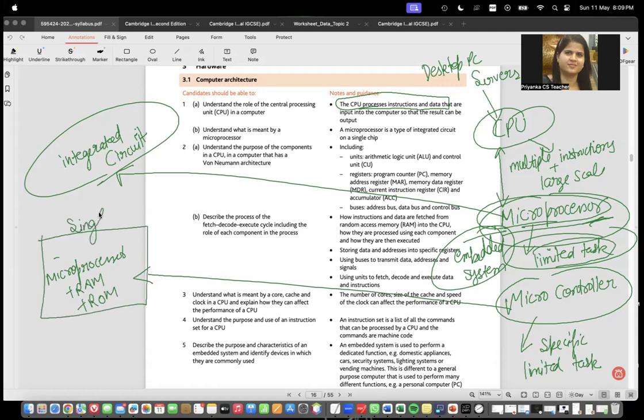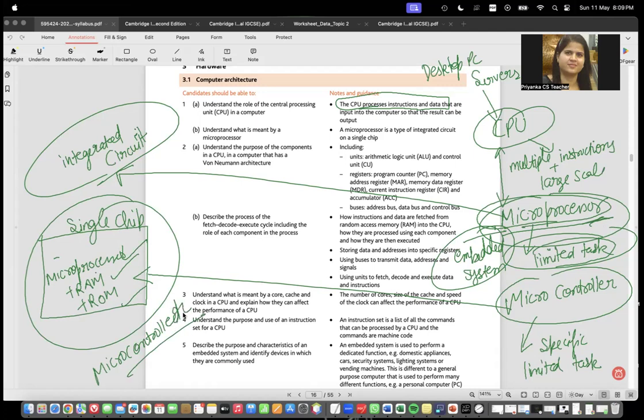If on a single chip you have processor, RAM, and ROM, then this structure is known as a microcontroller.